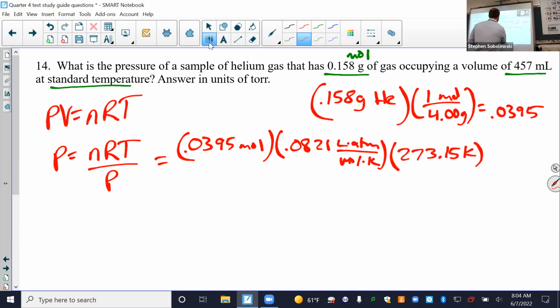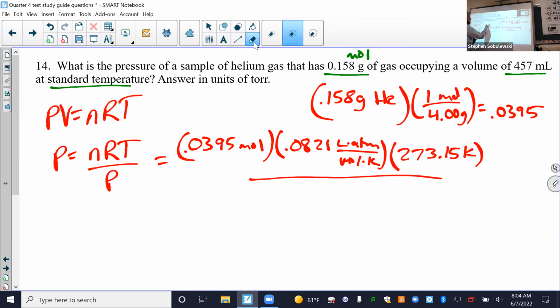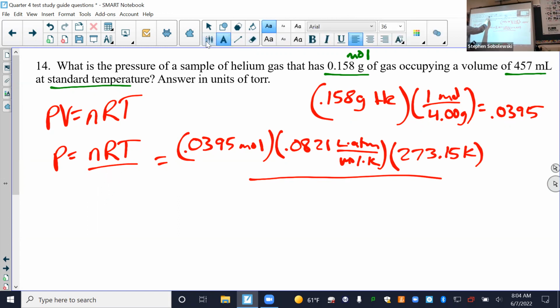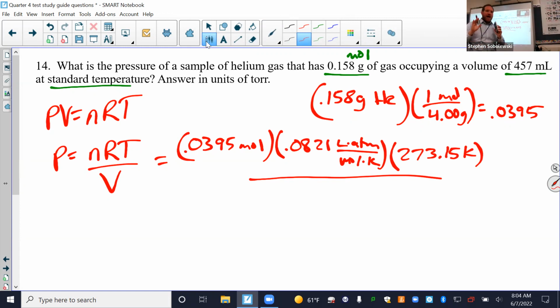273.15 Kelvin. We divide that by pressure, which is, no, I did my formula wrong. Obviously, I don't divide this by pressure. I divide this by volume, which is 457 milliliters. But remember, you have to match the units of R. So that has to be turned into liters, 0.457 liters. All right, let's check our units.